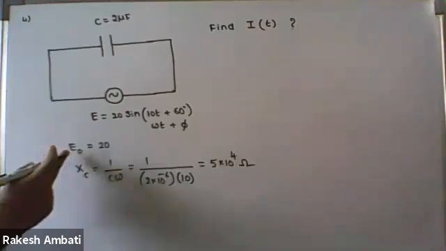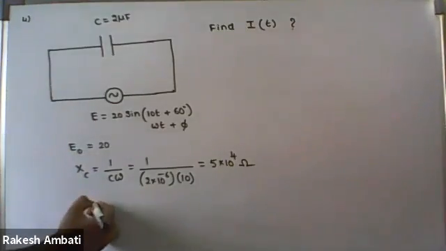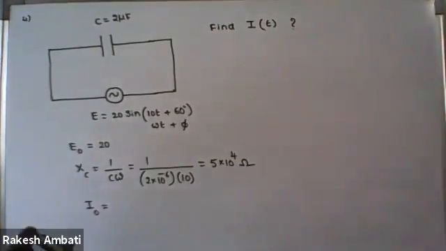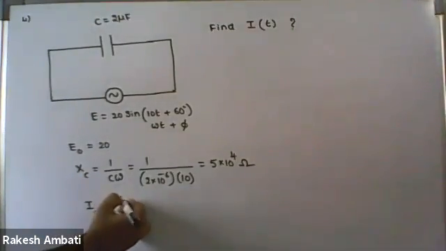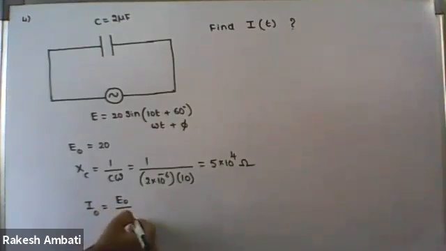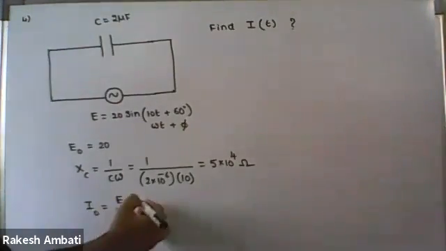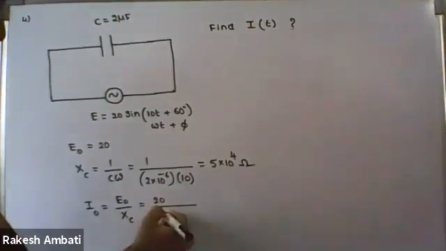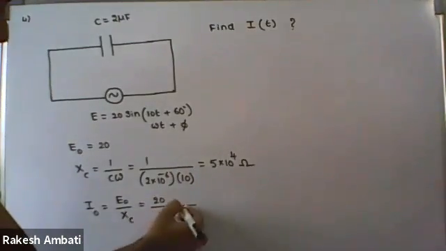So if we know E naught and XC, now I want to find the maximum value of alternating current. We are finding the maximum value of alternating current according to Ohm's law. So how to find I naught? I naught is E naught upon XC. What is the E naught value? 20 upon the XC value, which is 5 into 10 power 4.